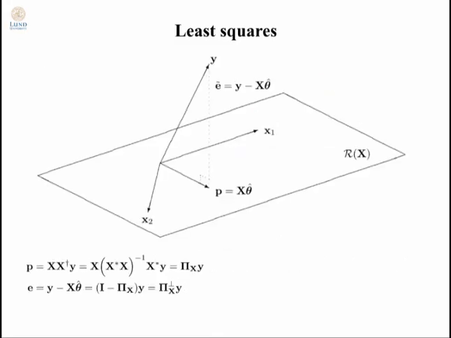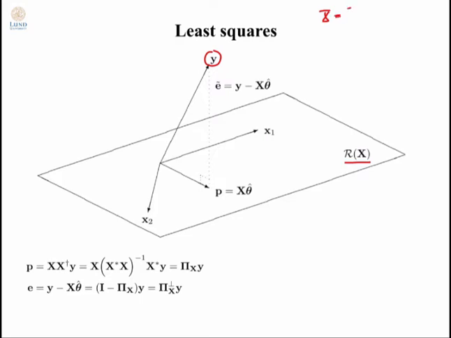If I look at this geometrically, the vector y can be seen as consisting of 2 components: the part that is in the range space of x, that is the space spanned by the columns of x, as well as the component that does not lie in the range space of x. Here, the range space is all the points that I can reach by a combination of the columns of x.